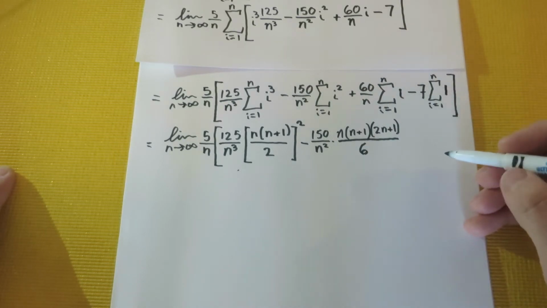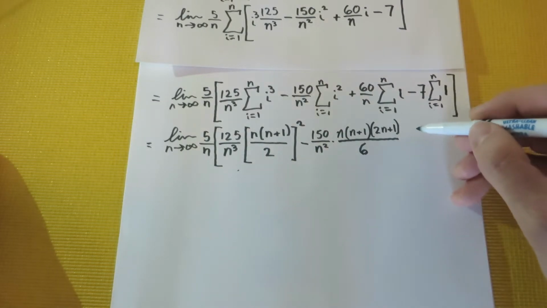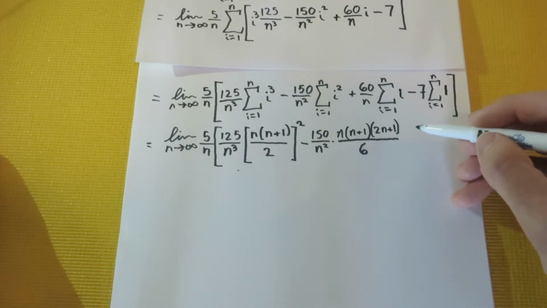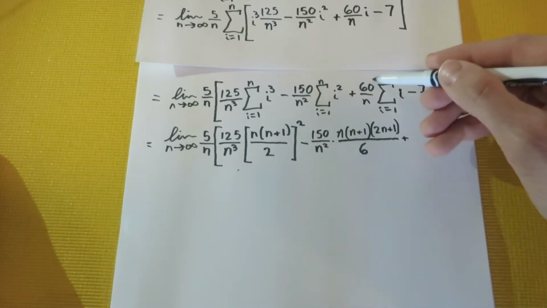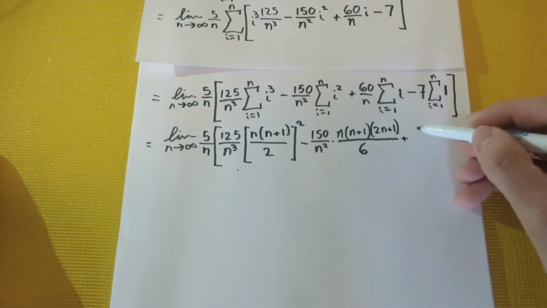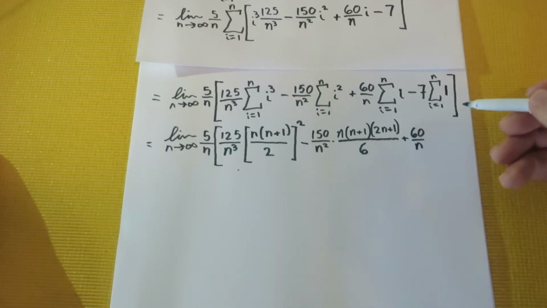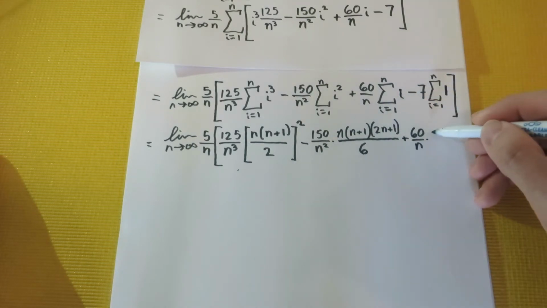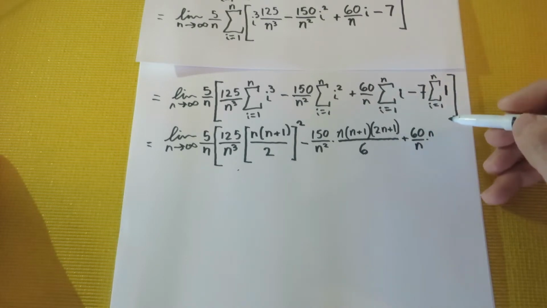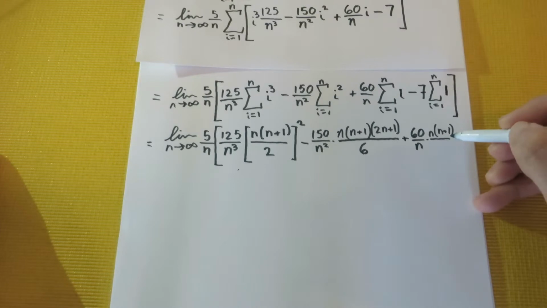And we could simplify this here, but I'll leave it for now. And this is going to be added to 60 over n, and we're going to evaluate here for i. The summation of i is just going to give us n times n plus 1 over 2.